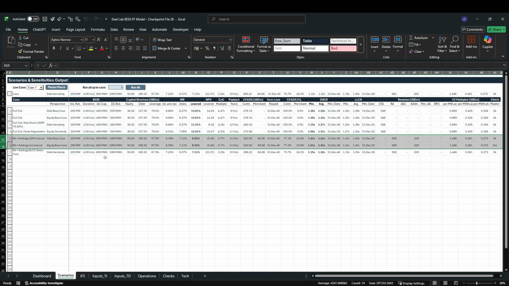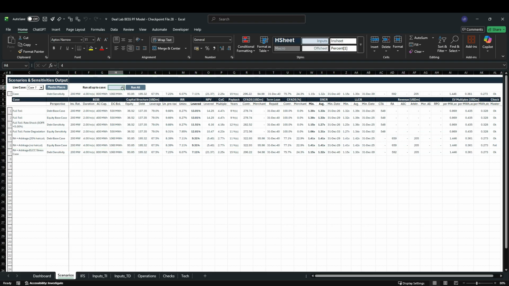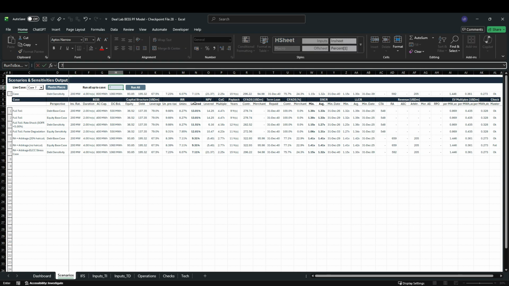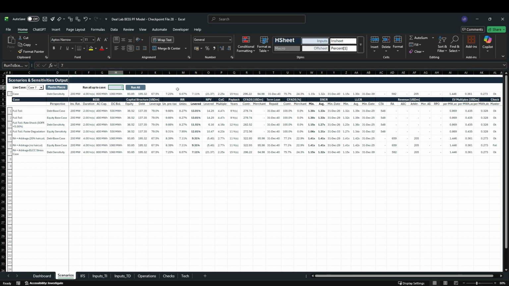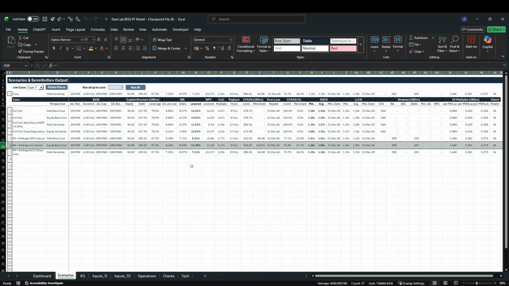So to make sure that all of these outputs are up to date, we can just say run all cases up to case 7, hit our run all macro, hit OK. And you might have noticed that now our resource adequacy case 6 has gone up and the levered equity IRR is now at 11.4%, reflecting the actual equity-based case.